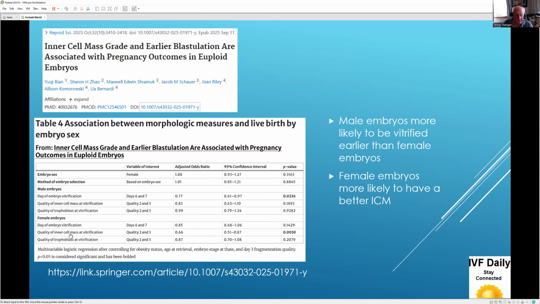But the quality of the inner cell mass from good to poor was highly associated with the chance of live birth. But if you look at the quality of the trophectoderm, trophectoblast, as they say, 2 to 3 was not associated with pregnancy.